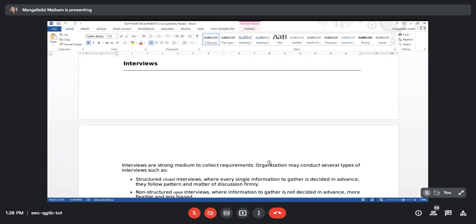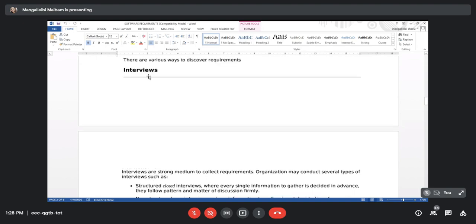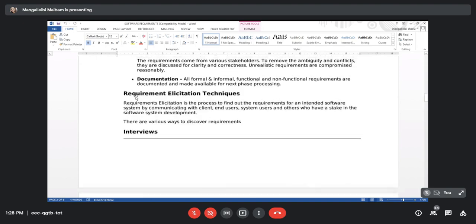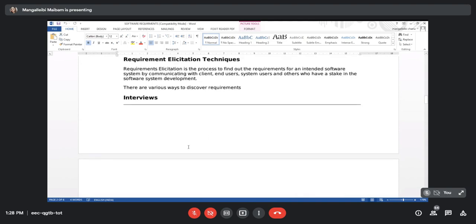And we are going to validate whether this person is fit for the company or organization. Similar to that, we have interviews as one technique in requirement elicitation in order to discover which kind of requirements we are going to select.